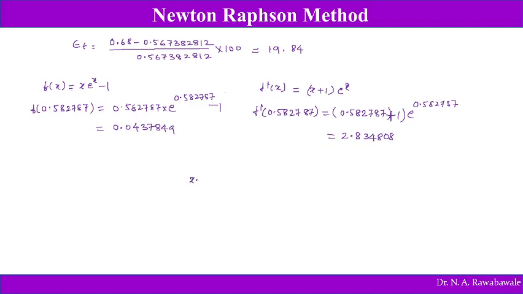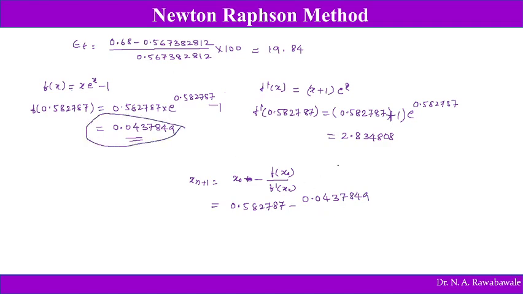And x n plus 1 is equal to x naught minus f of x naught divided by f dash of x naught. So the x naught value which is taken as 0.582787, minus the function value at this, 0.0437849, which we have obtained here, f of x, and f dash of x we have obtained here.